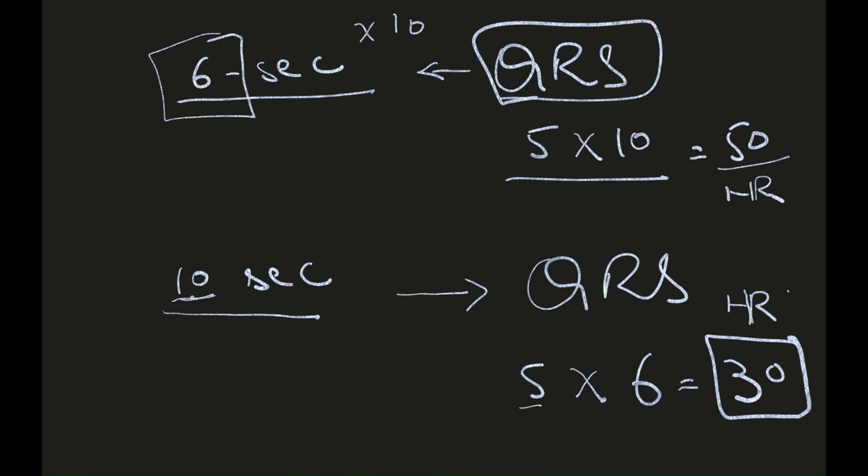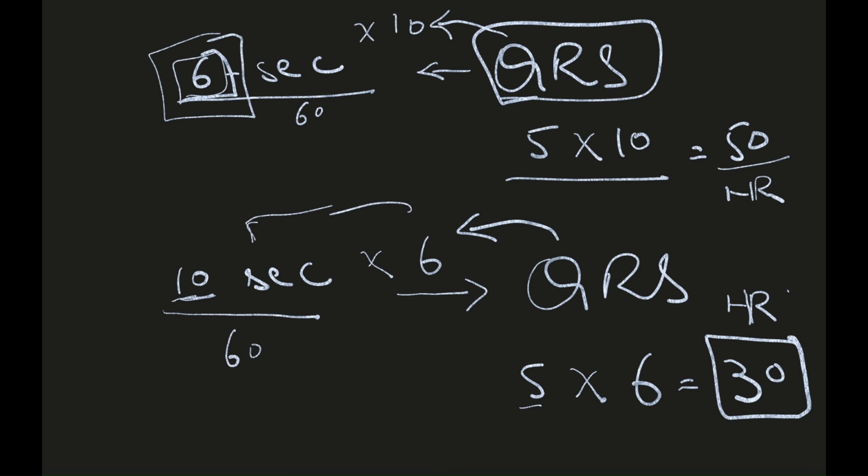If you take a 10-second strip, multiply by 6. What you should multiply is the number of QRS complexes, not the seconds of the strips, because multiplying these two numbers with each other will always give 60.